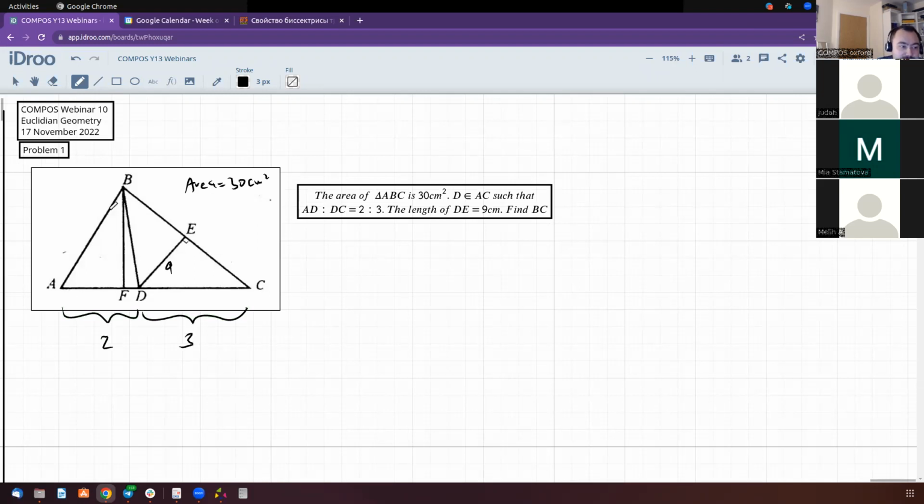Now, if the ratio of these is 2 to 3, and they have the same height, so triangle ABD and triangle DBC have the same height.